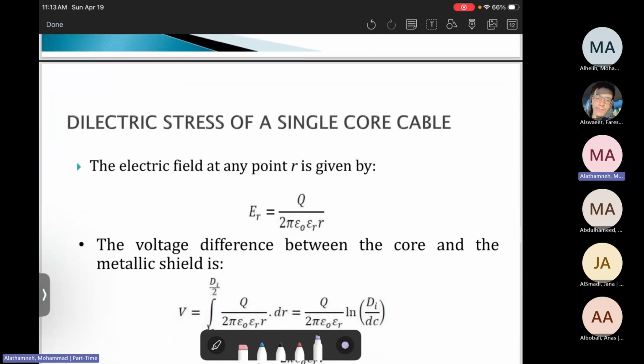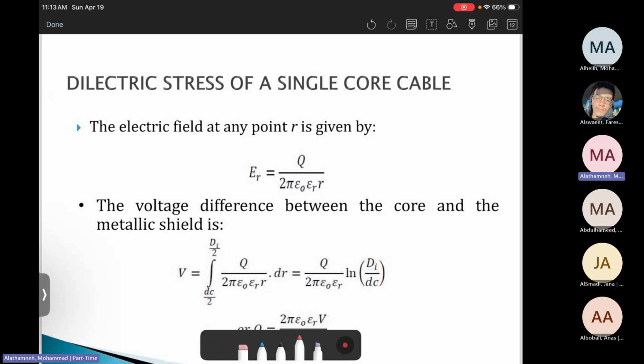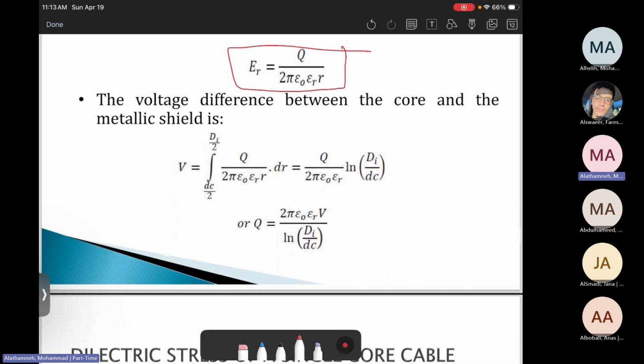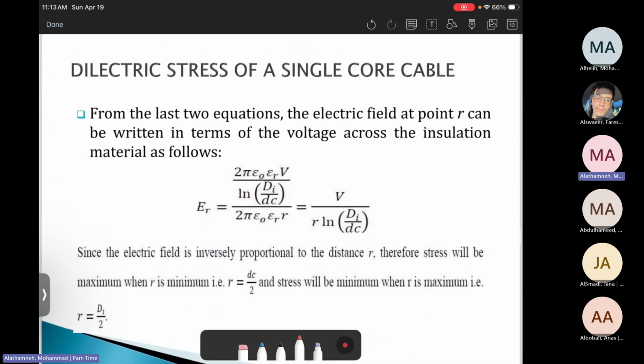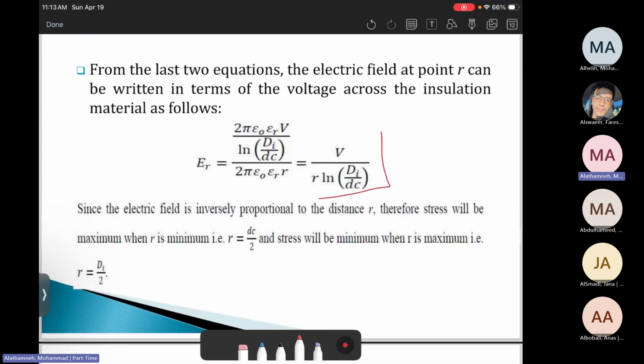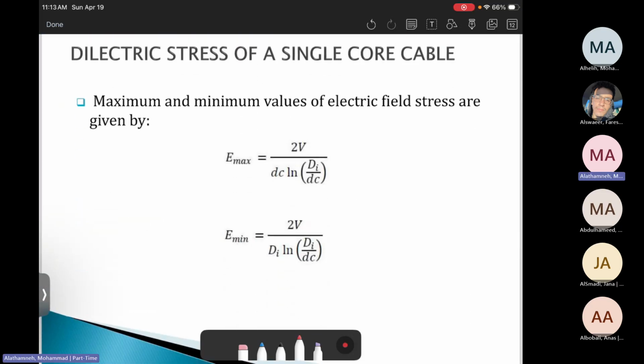Then this is how we can calculate the dielectric strength. Again, this is the electric field at any point r. Then after that, we can calculate the capacitance overall, which is V divided by R ln DI by DC. Then in order to calculate the maximum electric field, as we know, it is bounded between DC and DI. At DC, it will be maximum.